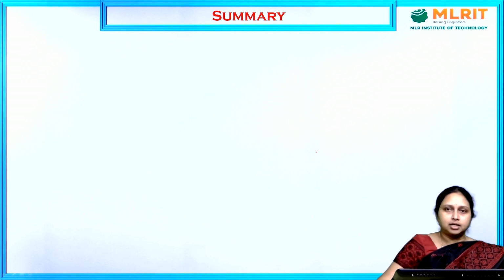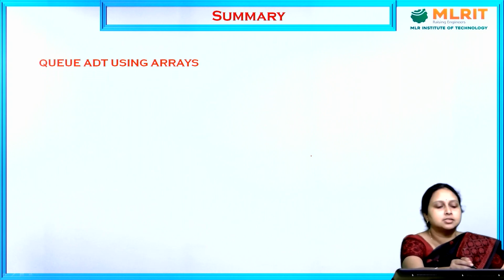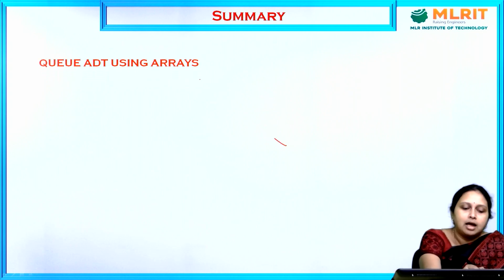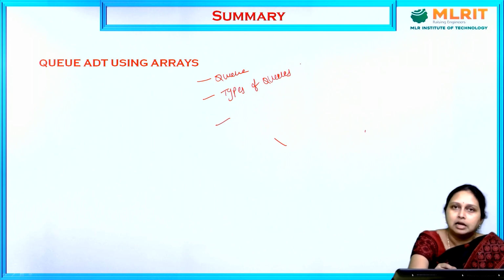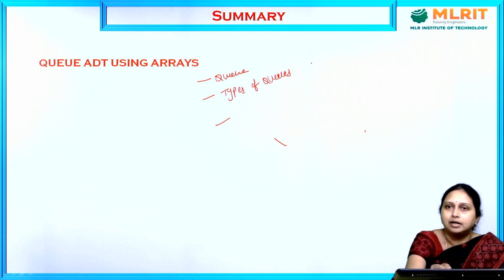And in the summary, let us see what we have discussed in this session. We have discussed the queue concept, what a queue is, the definition of queue, then the different types of queues. Under that we have 4 types: linear, circular, priority queues and DQs.